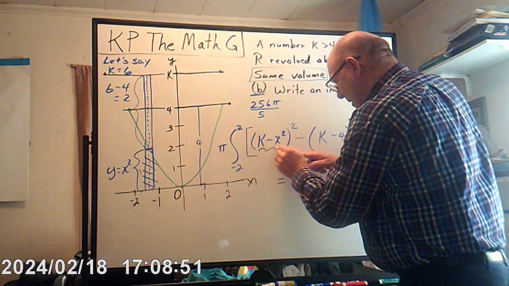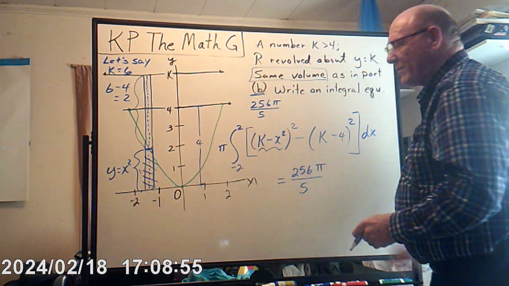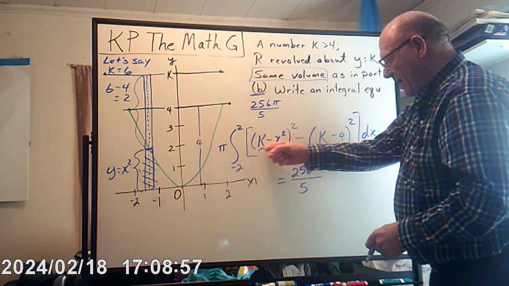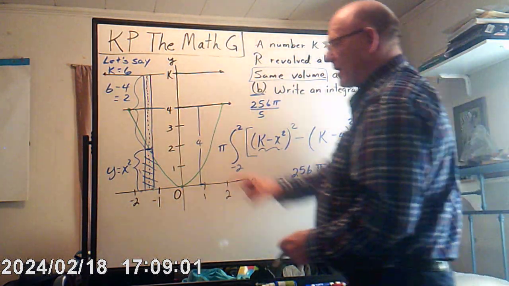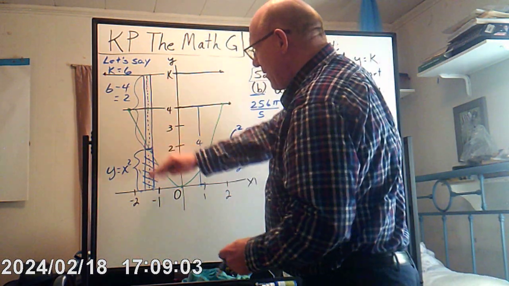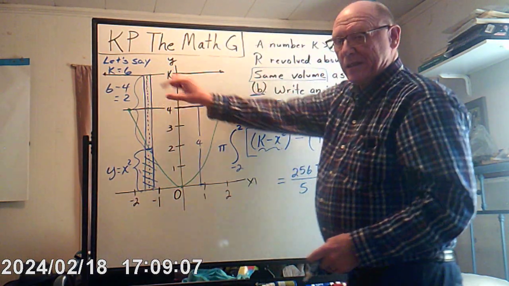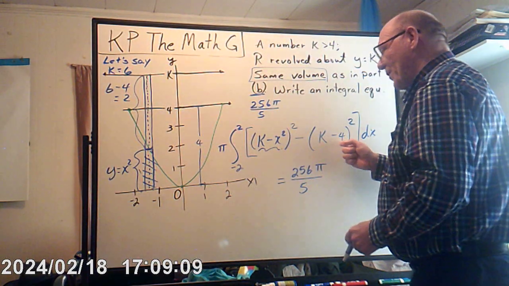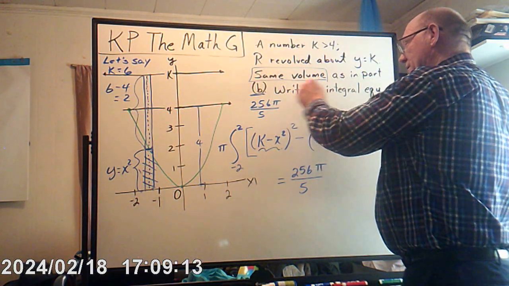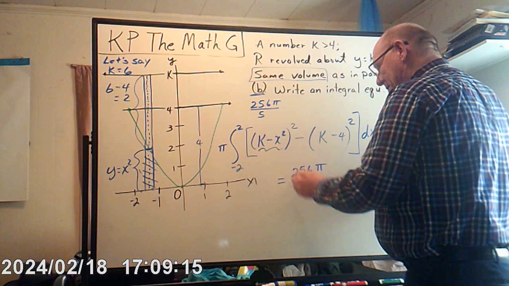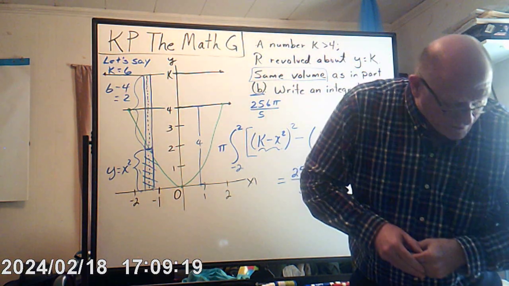So k, and once you see the pattern, it's k minus here. It's going to be k minus over here. K minus what? Well, I don't want all 4 of that. I just want that little region right there to subtract off. So k minus 4. And equals the same volume as before. So 256 pi over 5.